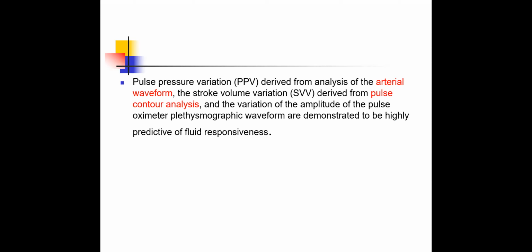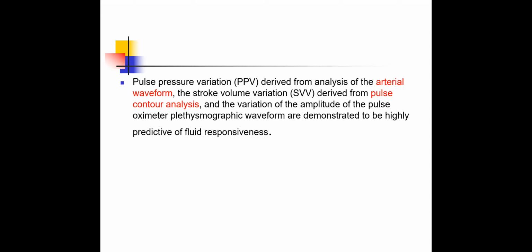And the stroke volume variation and the variation of the amplitude of the pulse oximeter plethysmographic waveform are demonstrated to be highly predictive of fluid responsiveness. These are all dynamic indices: PPV, SVV, oximeter plethysmographic waveform changes.